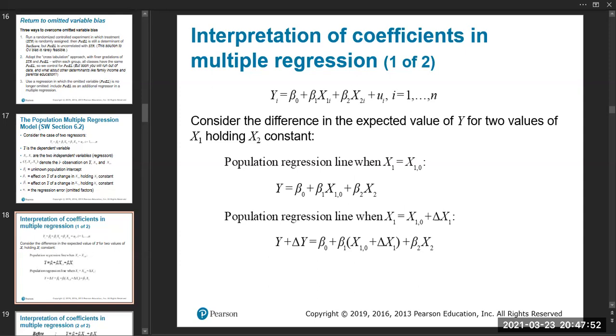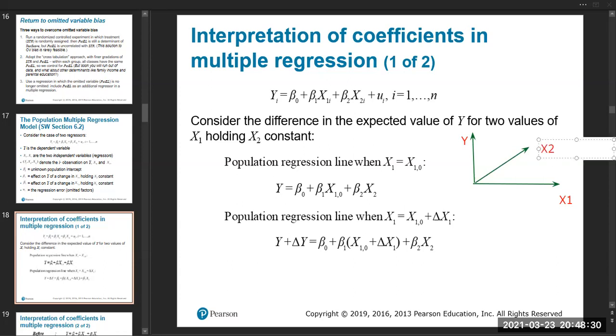Consider that you have a population regression line. This line cannot really be visualized, because you cannot really draw Y and then X, unless you can draw in 3D.